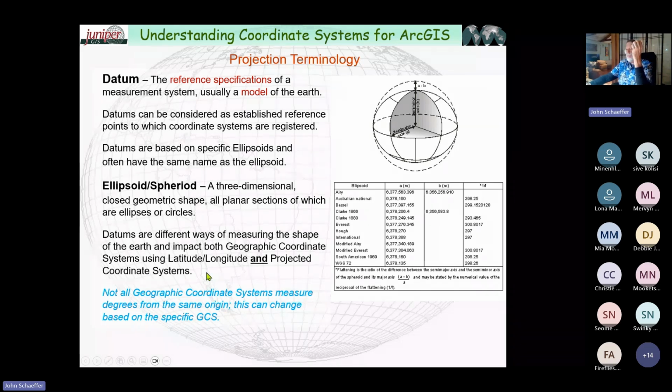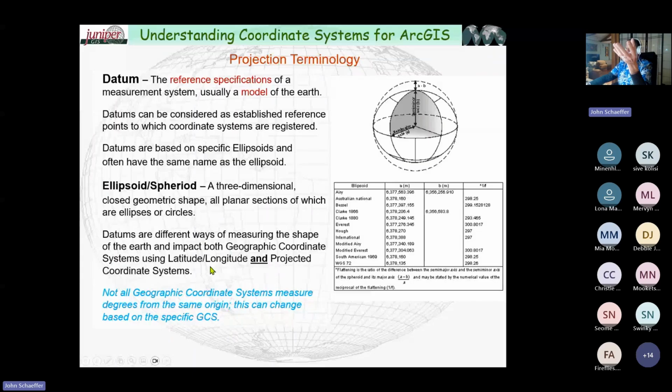So I was doing mapping for forest fires in Oregon. Someone would come in with some GPS points, and I'd ask them, well, what coordinate system are you using? Because not all maps use WGS 84 as their global reference.